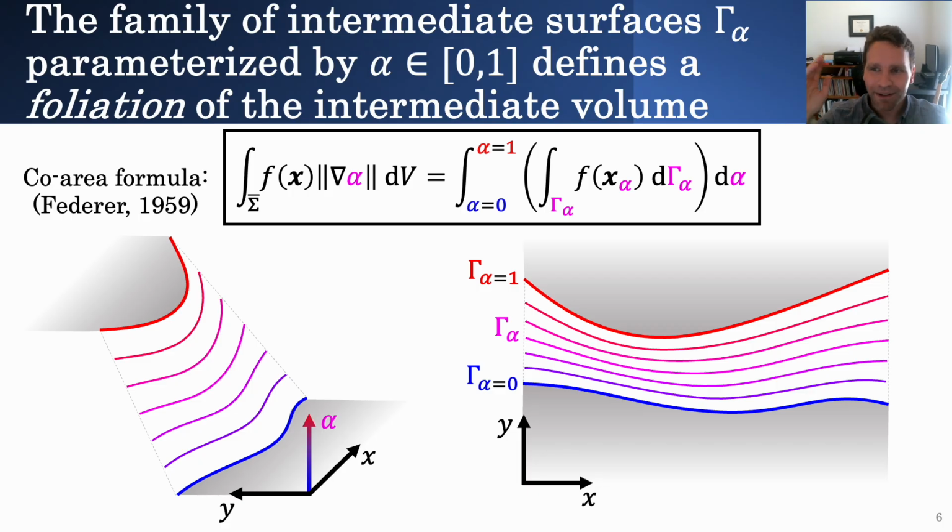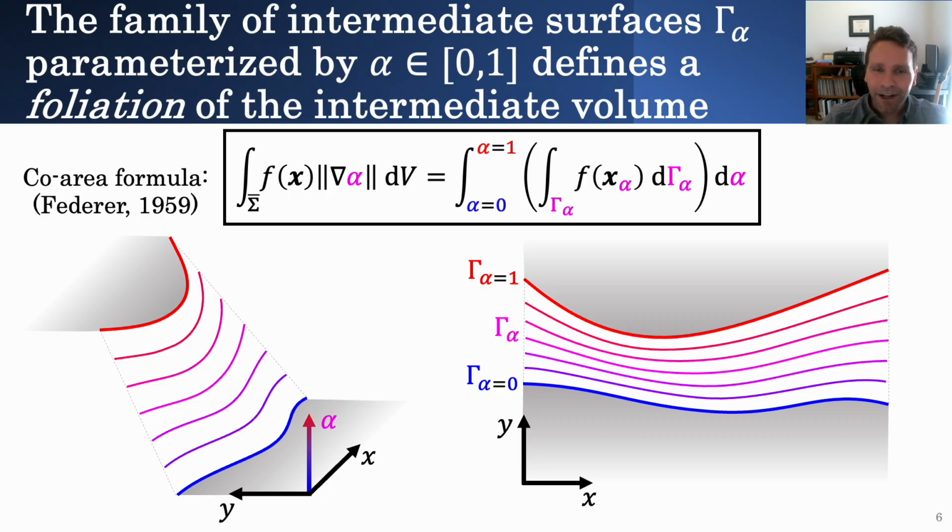In other words, an iterated integral over the full parameterized family of intermediate curves, gamma sub alpha, ranging from alpha equals 0 all the way to alpha equals 1. So it's like I can either integrate over this volume or I can integrate over the slices of that volume, and I'm doing basically the same thing.